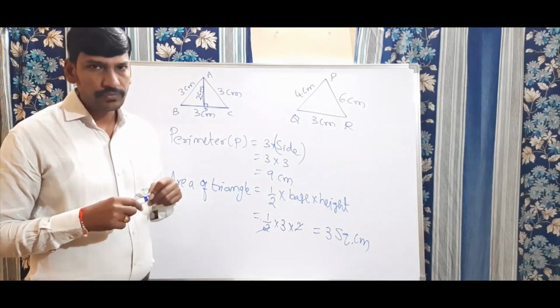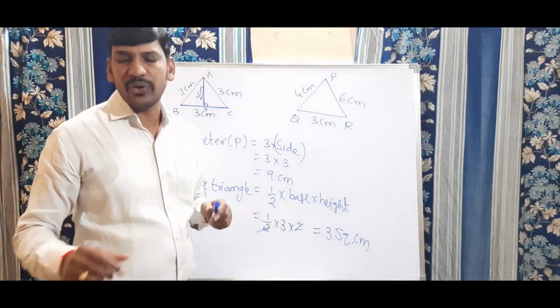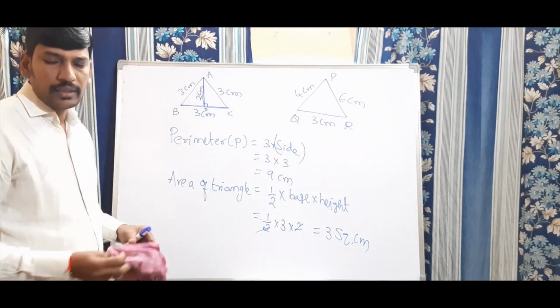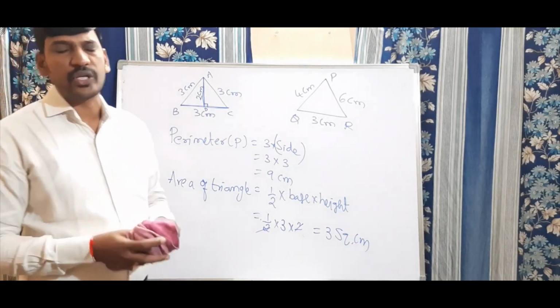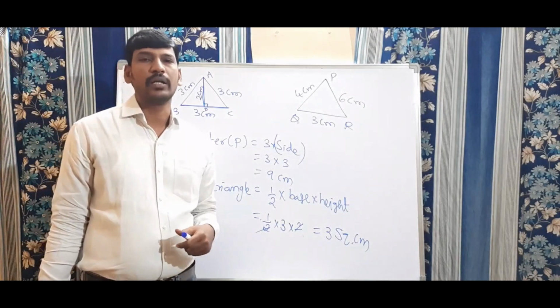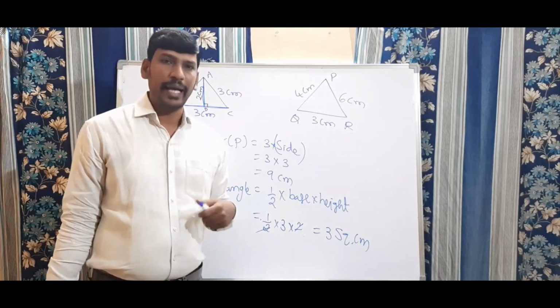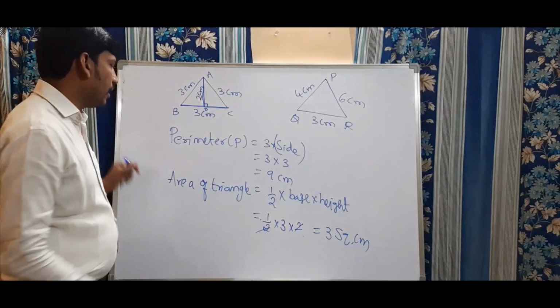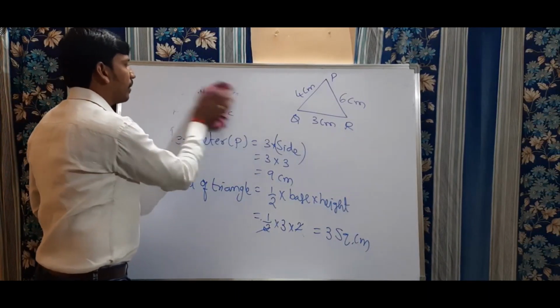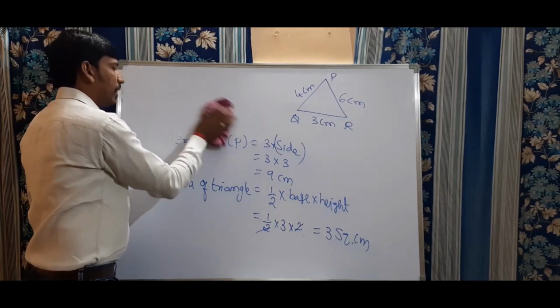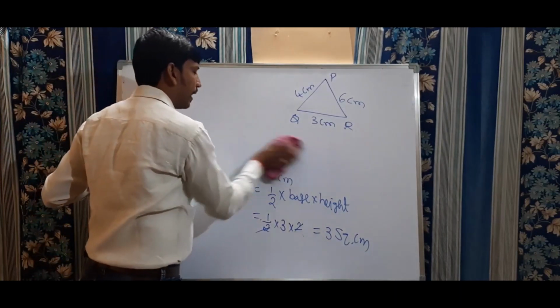Can anyone? Right. There is a formula introduced by the Egyptian mathematician Heron. That is, today our topic is Heron's formula. What is that? He introduced it only to find the area of a triangle.